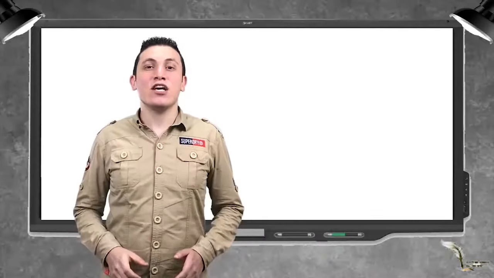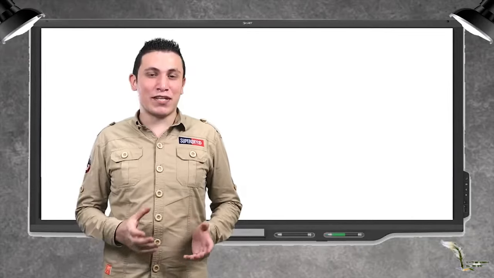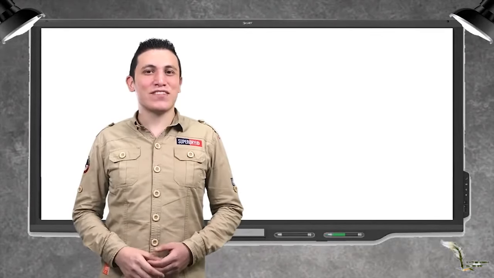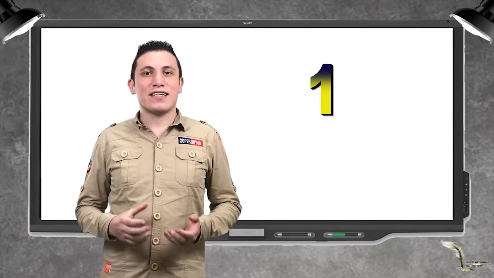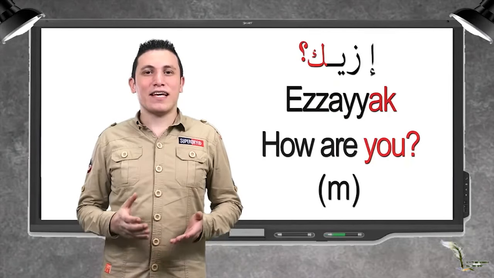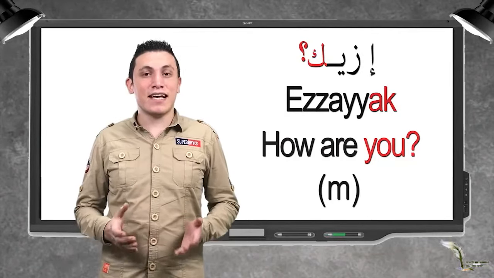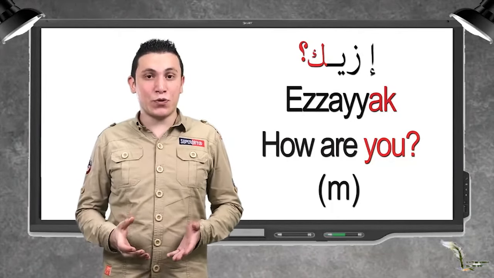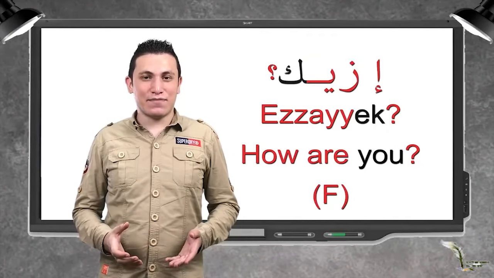In this lesson, you're going to learn 5 questions to ask how are you in English. Are you ready? So let's get into it. The first question is ازيك. There is a double Z here. ازيك means how are you to a male. To a female, ازيك.